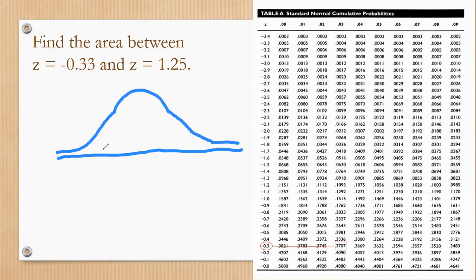Okay. So assume that this one is z equals negative 0.33 and z equals 1.25.